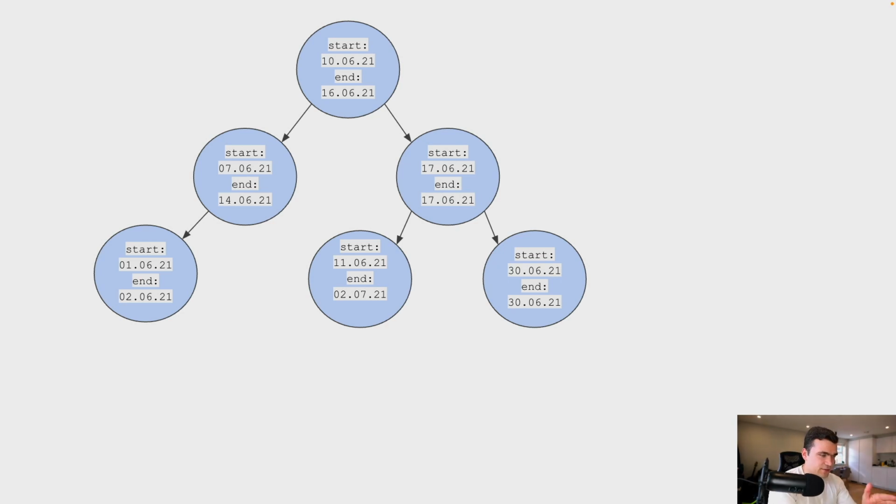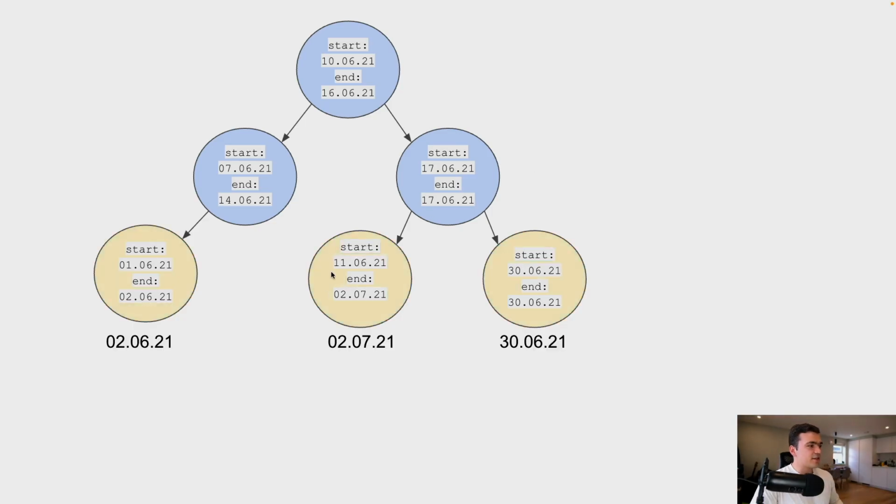The next step is calculating the maximum. For each node, we need to determine the latest end date, and I'll explain what that is. We check the bottom nodes. We check this node, and it has two children. The end date of the left child is the 2nd of July, and the end date of the right child is the 30th of June.